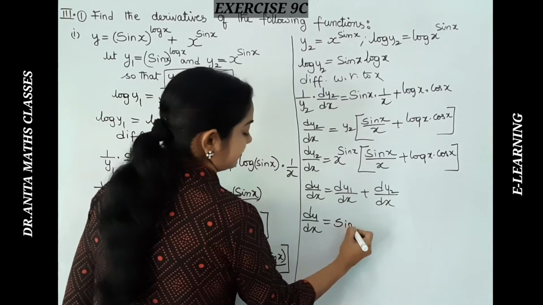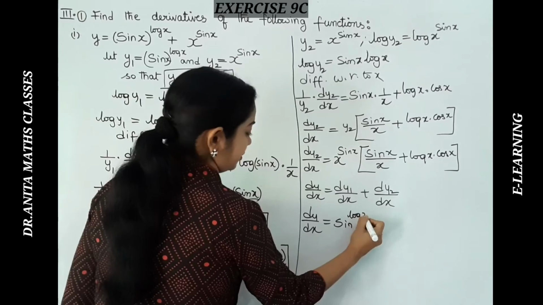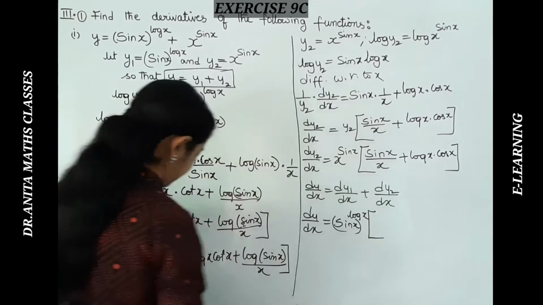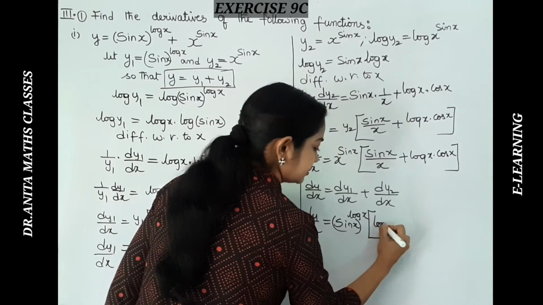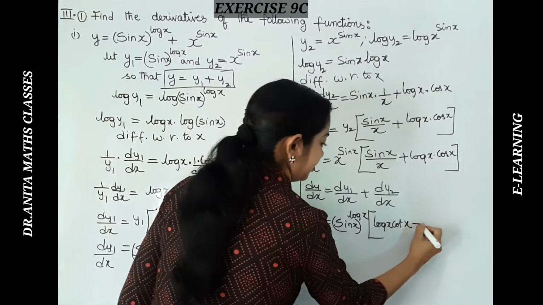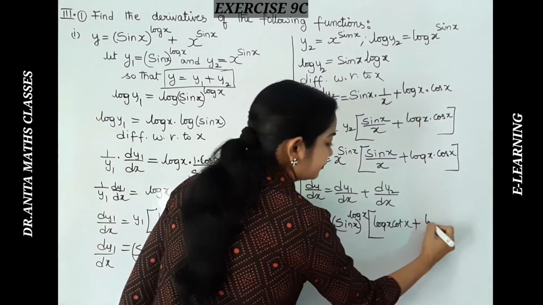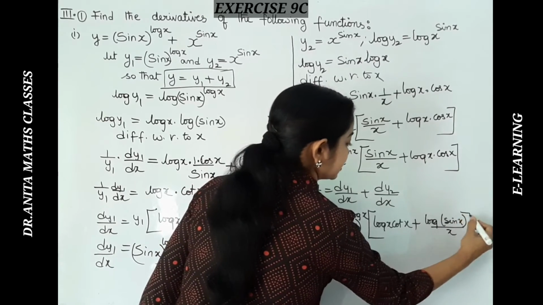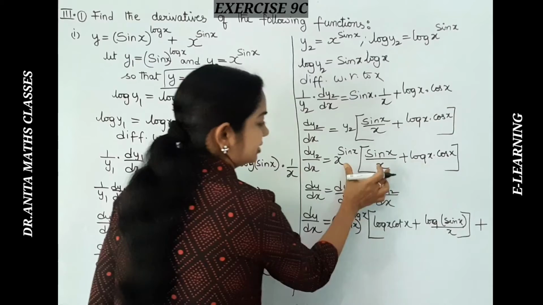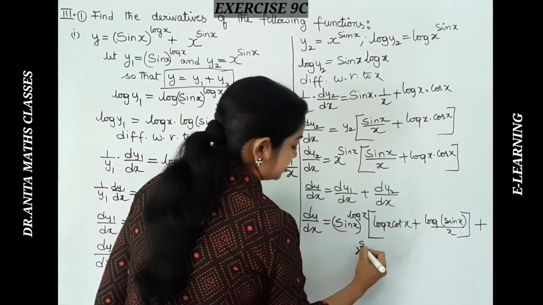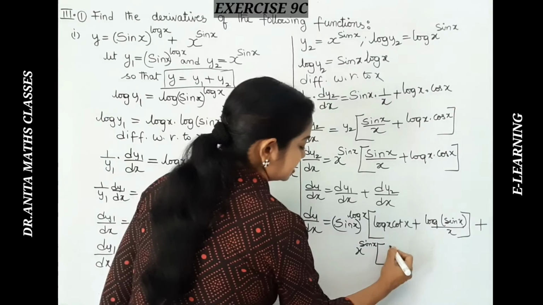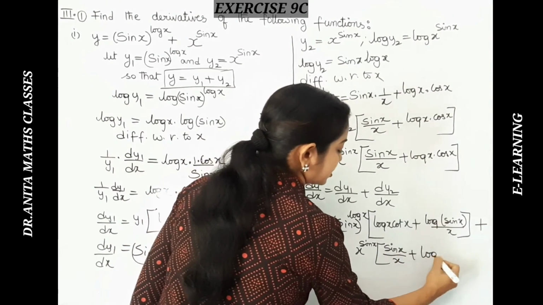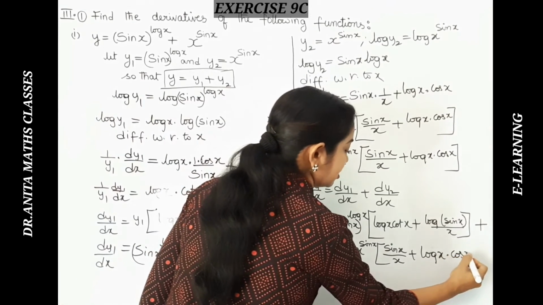So sin x whole to the power of log x multiplied by log x cot x plus log of sin x by x, plus this one, that is x raised to the power of sin x, here sin x over x plus log x cos x, not log of cos x, log x cos x.